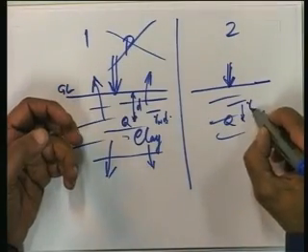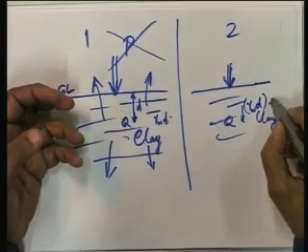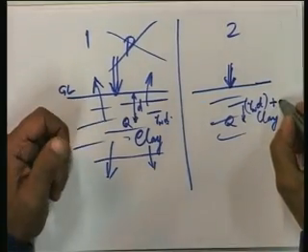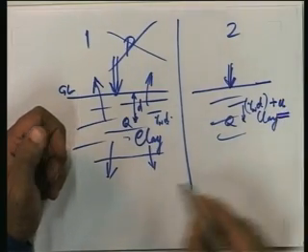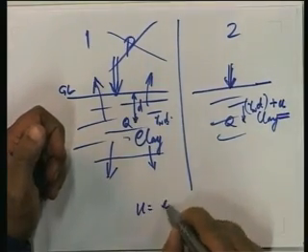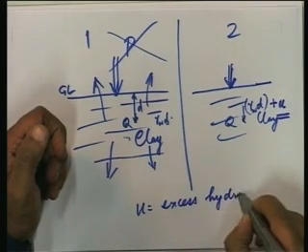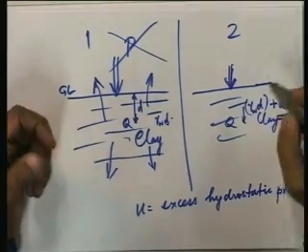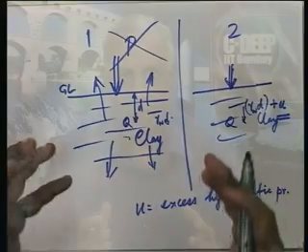That means the pressure here is not just gamma w d, but it is gamma w d plus a parameter which we denote as u. This u is what is known as the excess hydrostatic pressure, and this excess hydrostatic pressure is in the water as soon as the load is applied.